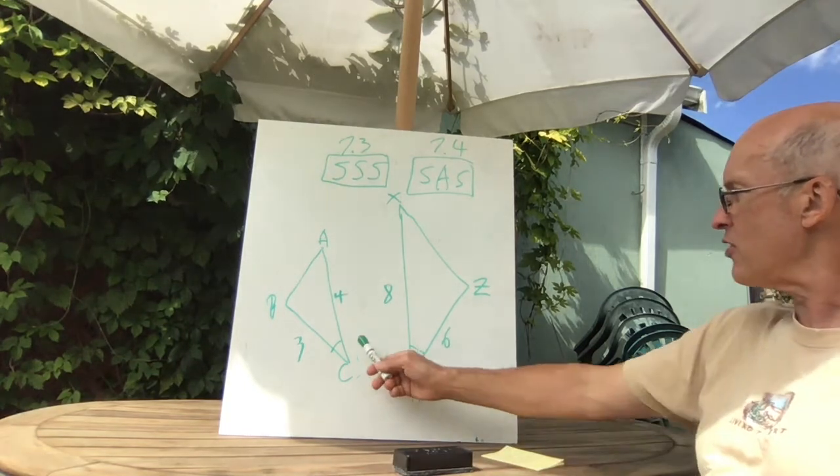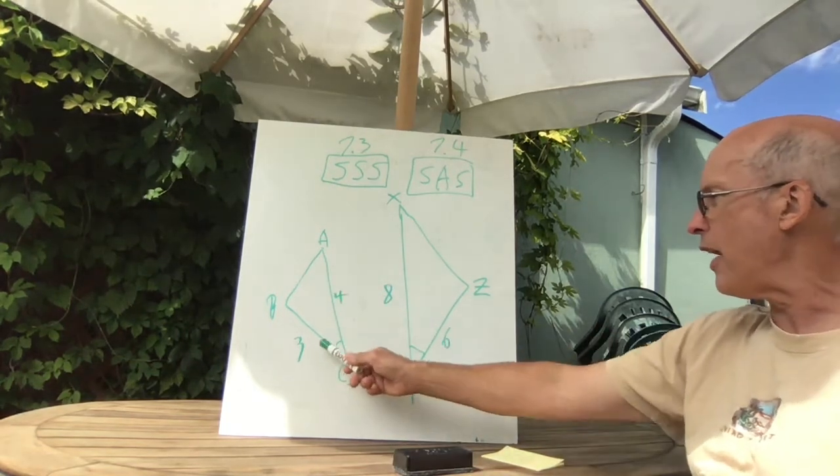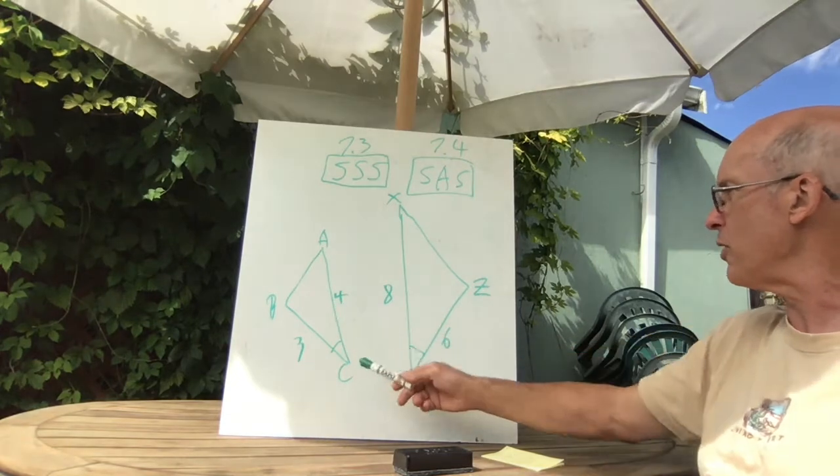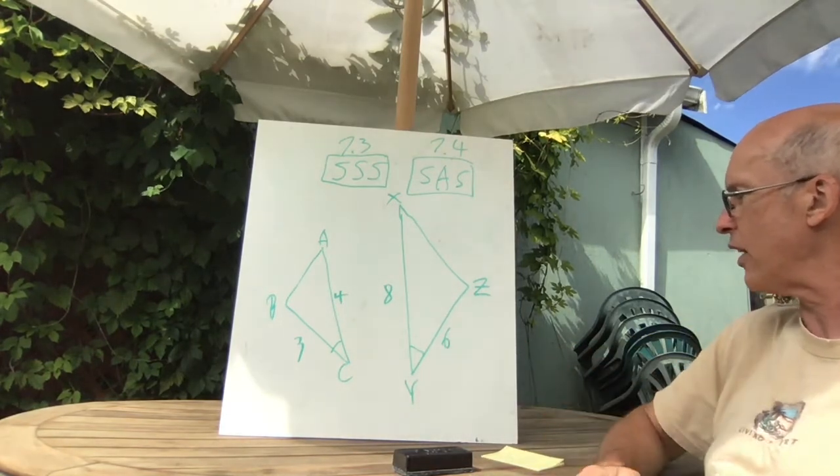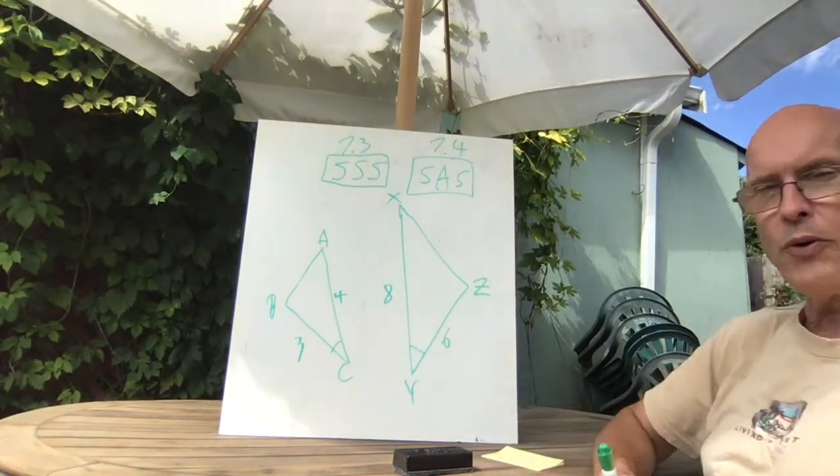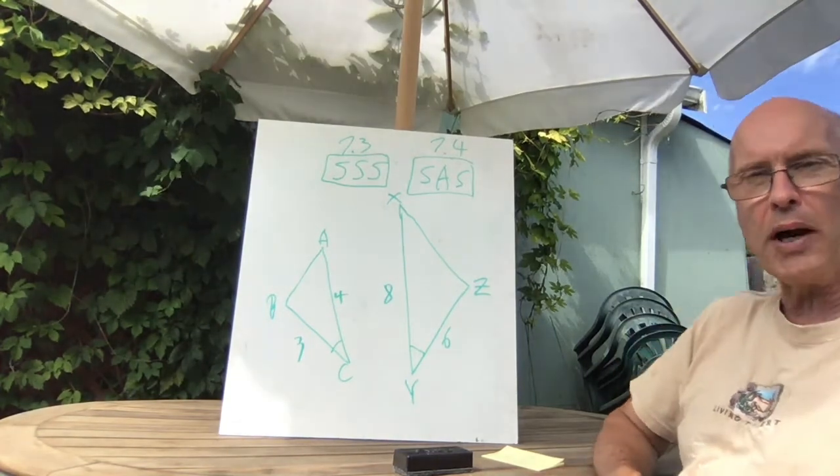And you know that these two angles, you need to have the included angle between the two sides, the included angle between these two sides. But if you know that those are congruent, then you know the whole triangle is similar.